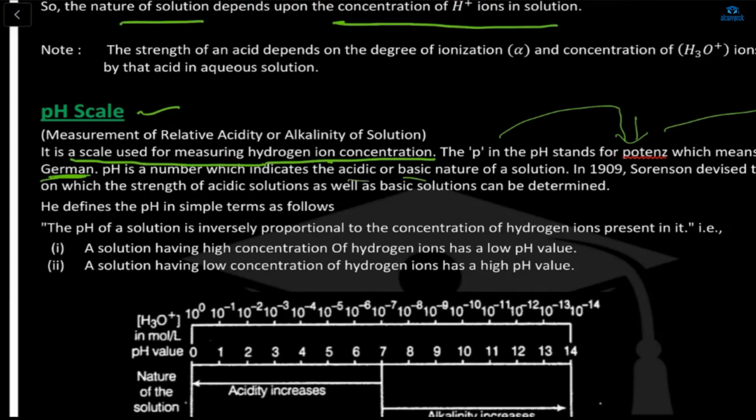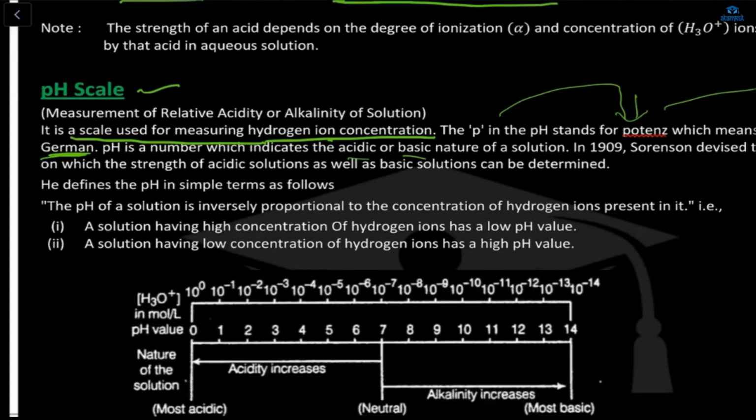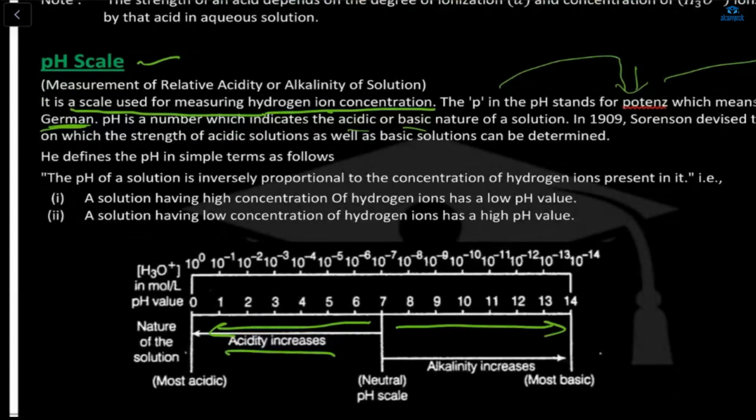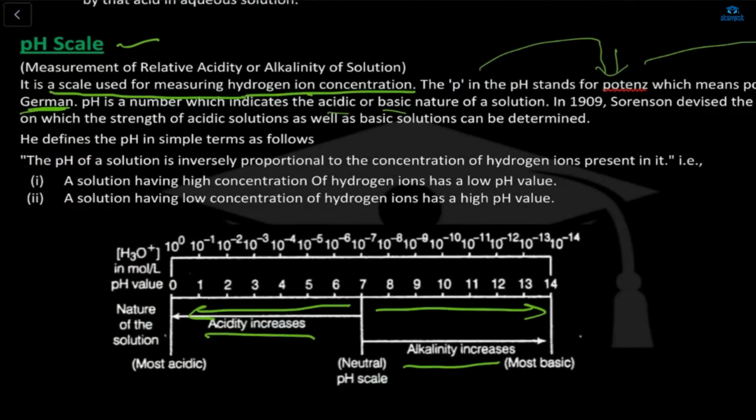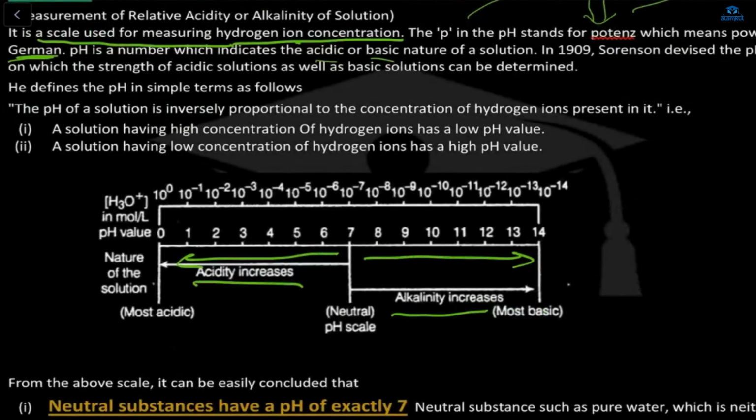The left side of the 7 is acidic, and acidity increases going left. On the right side of the 7, alkalinity increases, meaning the basic part increases, because alkaline is a water soluble base. So we define pH in simple terms: the solution having higher concentration of hydrogen ions has a low pH value, and the solution having low concentration of hydrogen ions has a higher pH value.